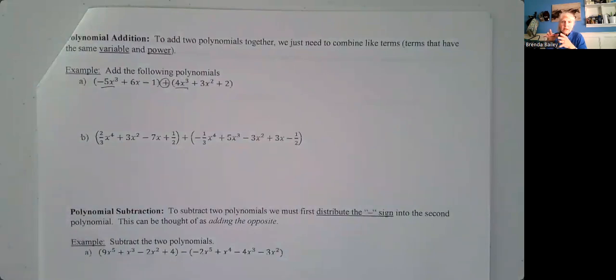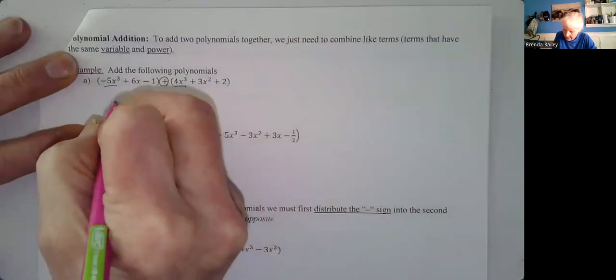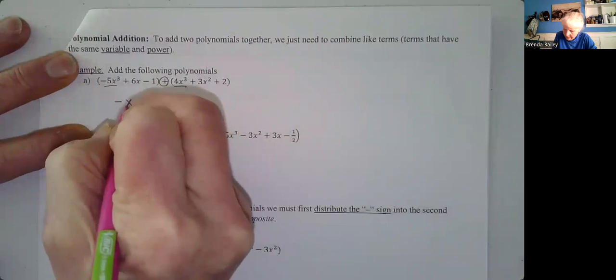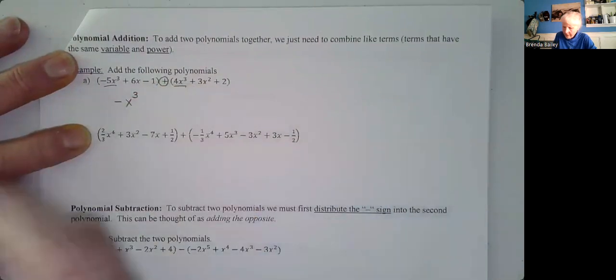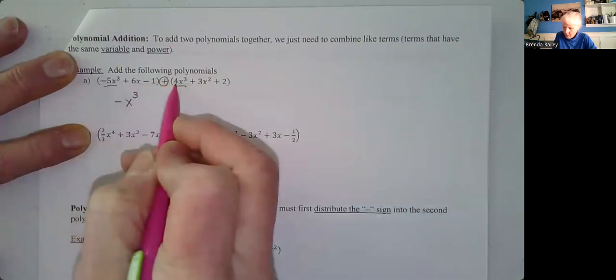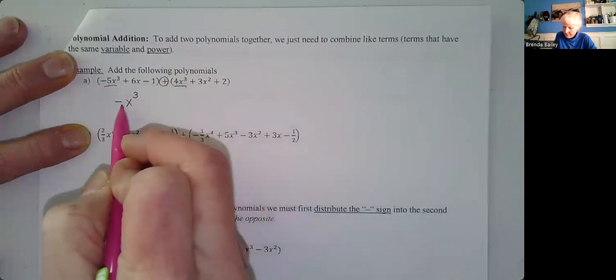A -5 plus 4 tells you how many total x cubes I have. Well, -5 plus 4 is -1x cubed. I won't put the 1 in.